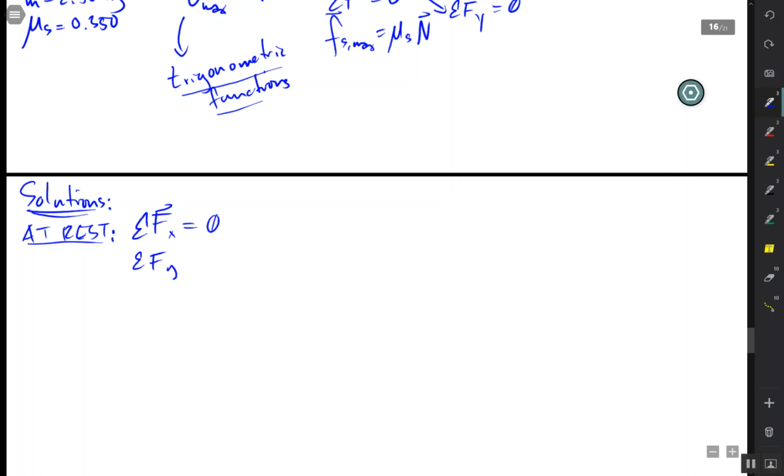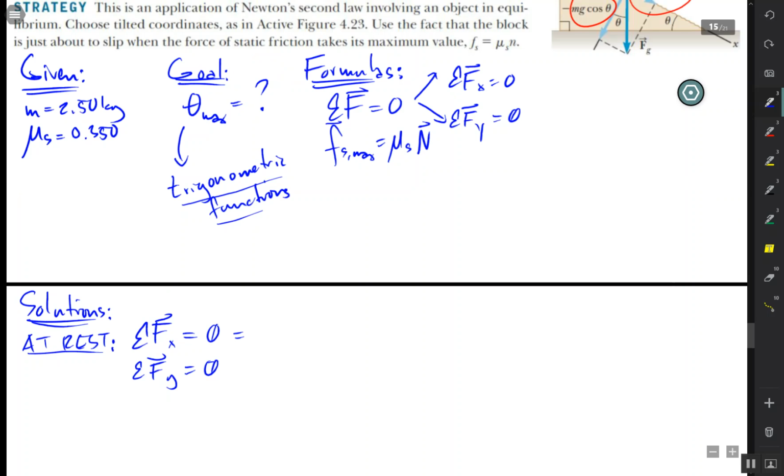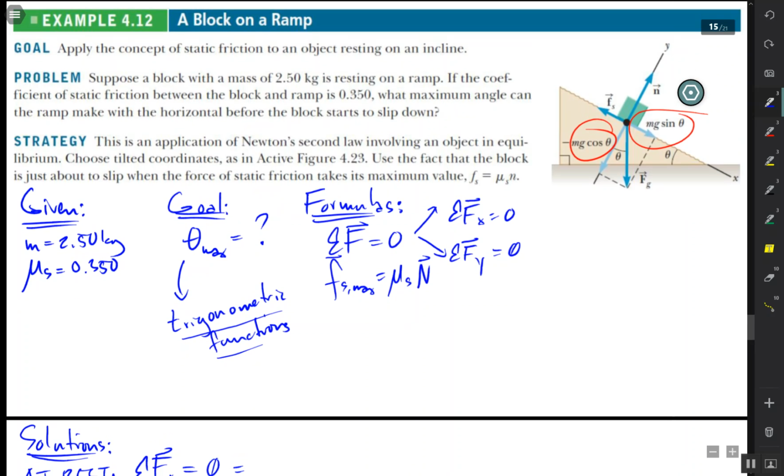All the forces on the y are also equal to 0. Okay? And let's see how many forces there are. In the x, let's take a quick look. The friction is going in the negative direction, and the mg sine is in the positive. Here, the normal force is positive in the y, and the mg cosine, as you can see, is already negative.